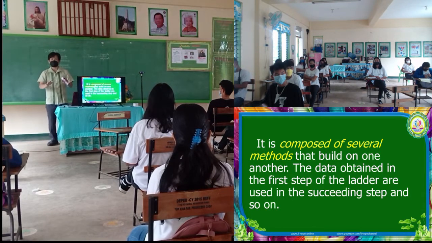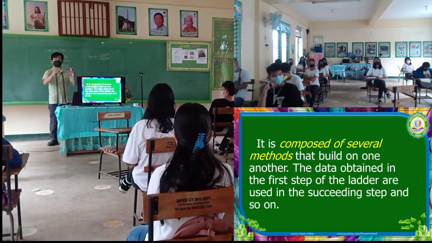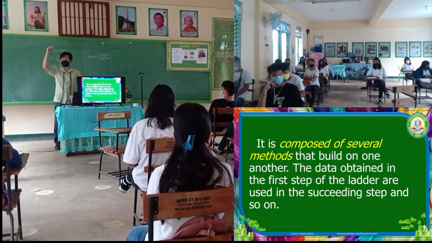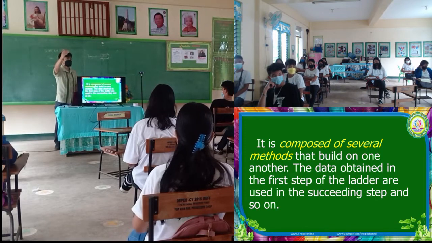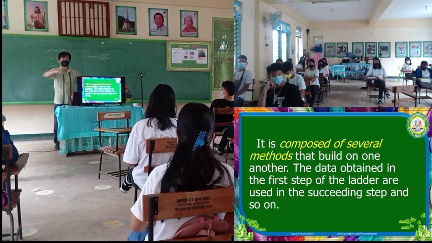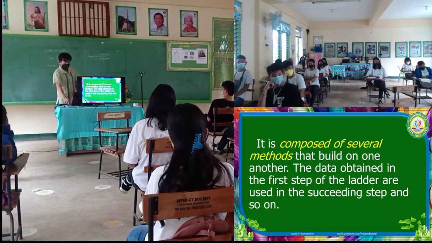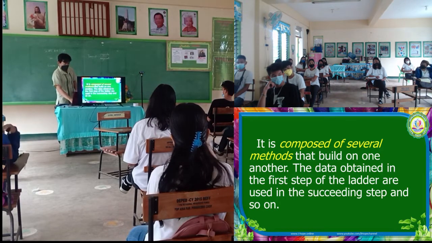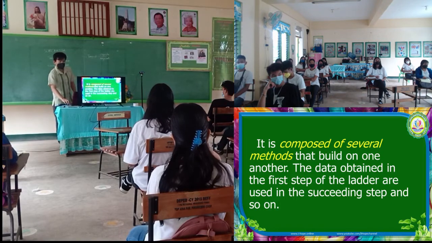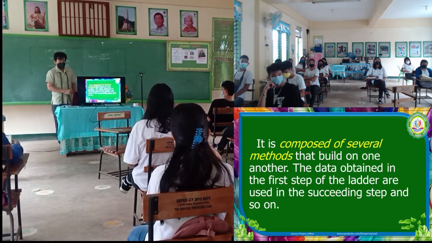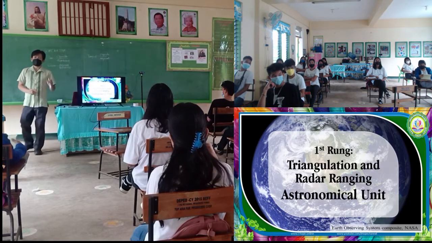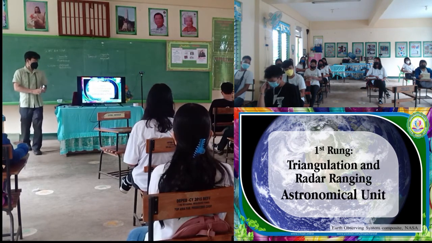We'll start from Earth, then the nearest star, which is the Sun, then the nearby stars, then our very own Milky Way galaxy, the nearby galaxies, and then the galaxy clusters. So it is composed of several methods. Okay, so let's go to the first rung of the ladder.